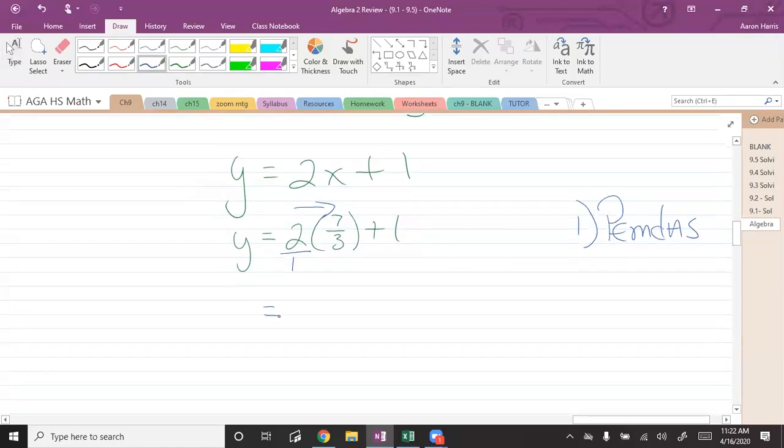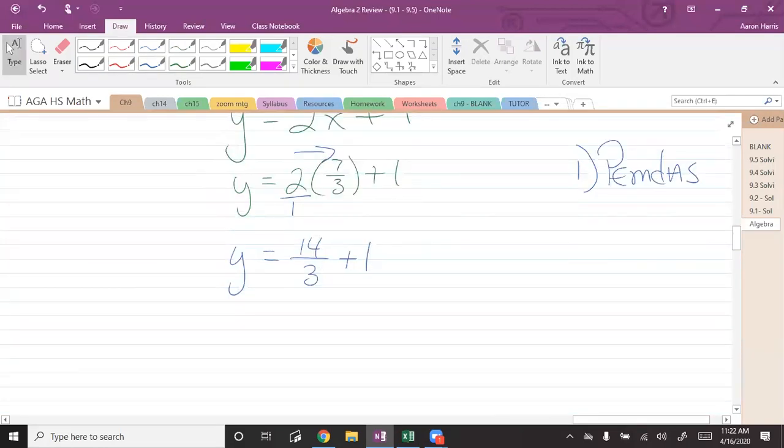So here I go. 2 times 7 is what? 14. 1 times 3? There we go. Can I add those 2 things together right now? No. Why? I can put a 1 under, but are the denominators the same?